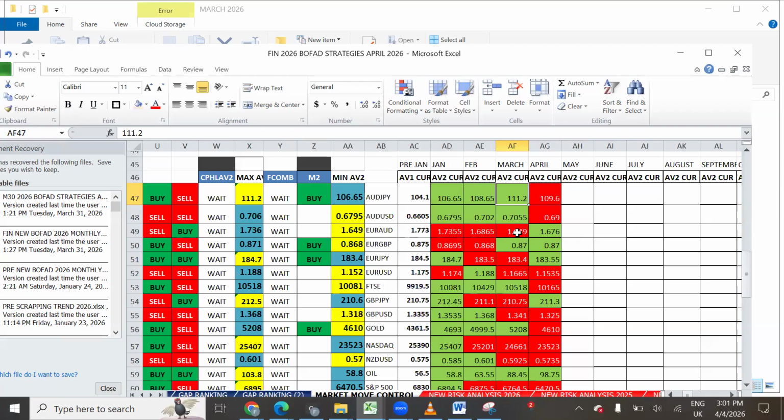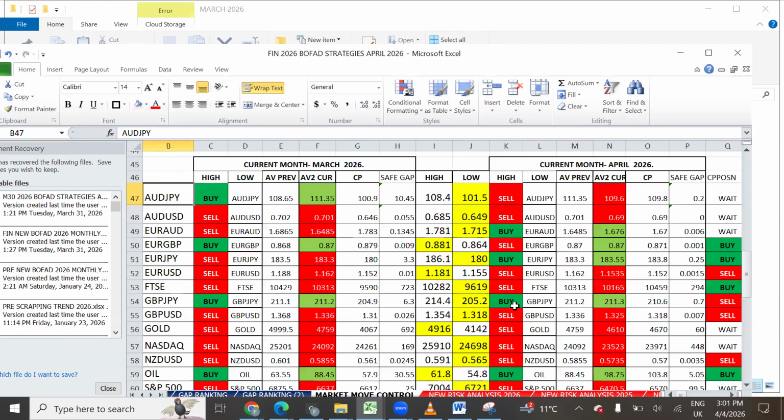For Euro AUD, as far as the low price is above 1.649, it's a buy. But if it comes below, it's going to be a sell. That is how we'll be able to identify and get over these positions as much as possible.